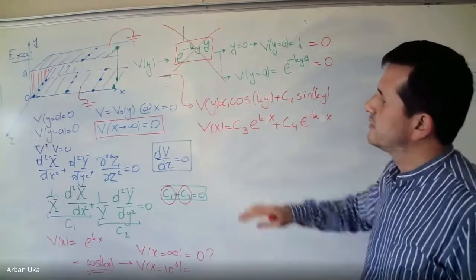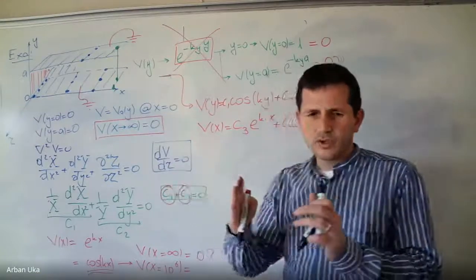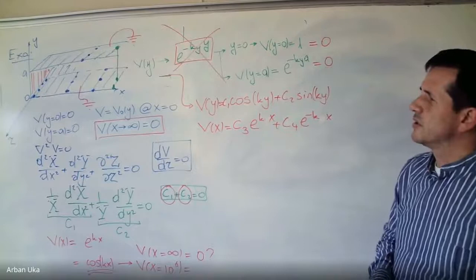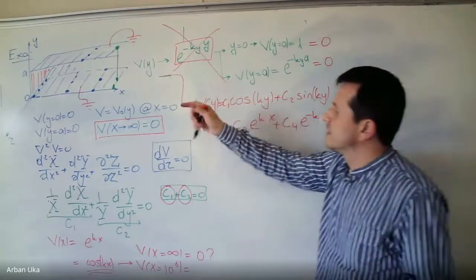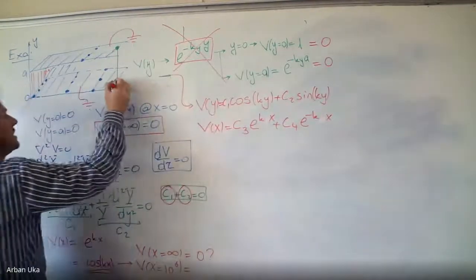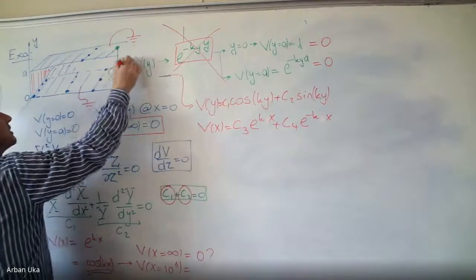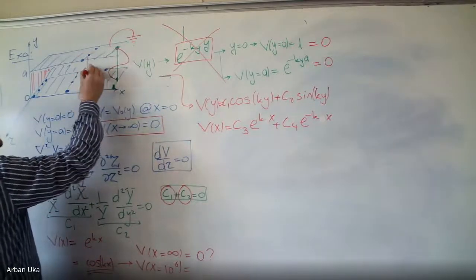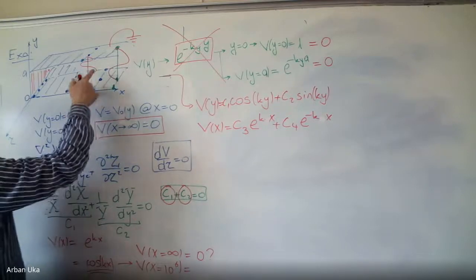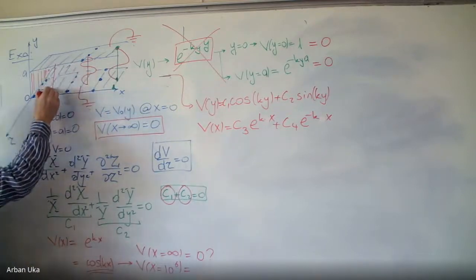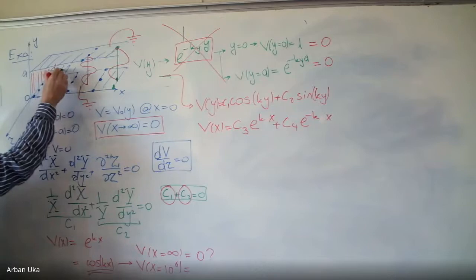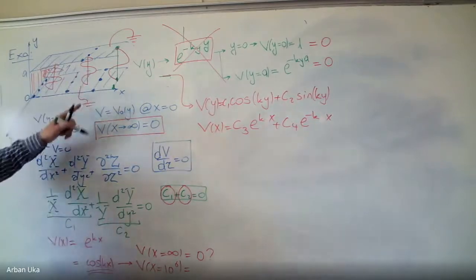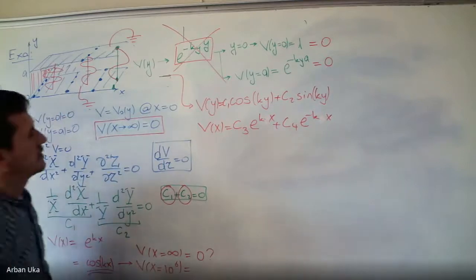Whenever we have a region which is bounded, we may choose the option of having an oscillatory dependence, which in this case can be something like this, or it can have a higher frequency like this, or a much higher frequency like this. All of these are possible, but they all look like sine and cosine.